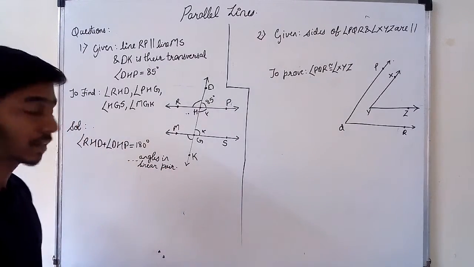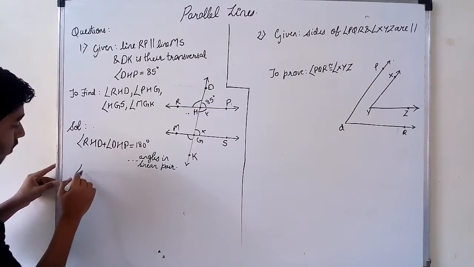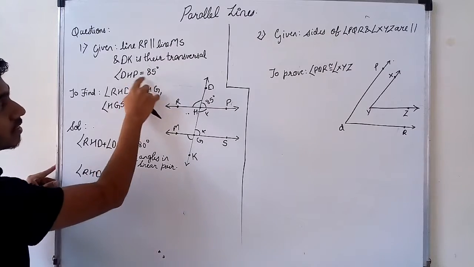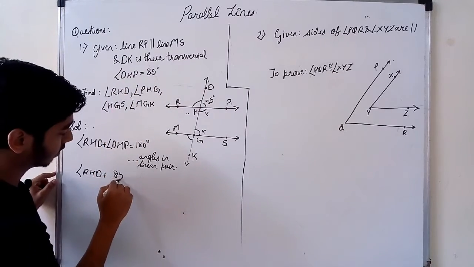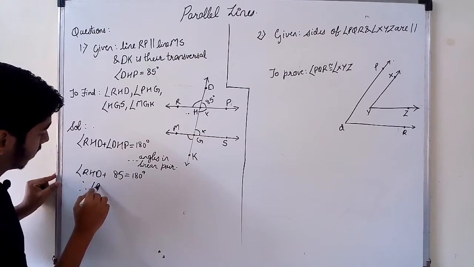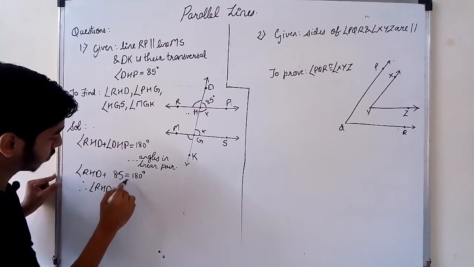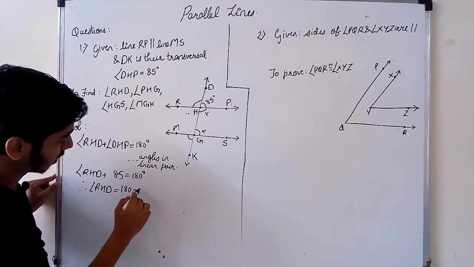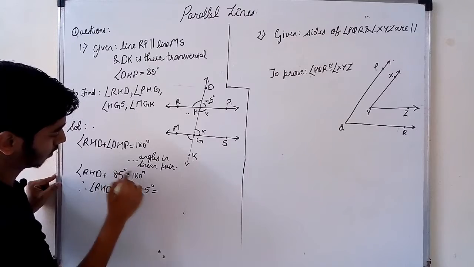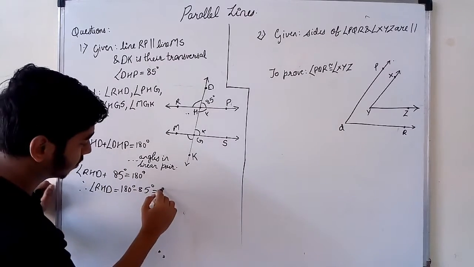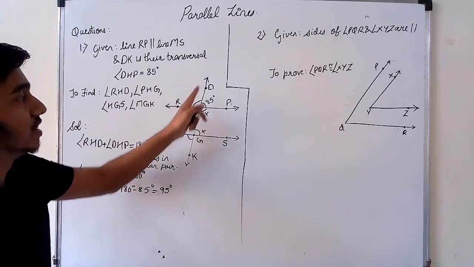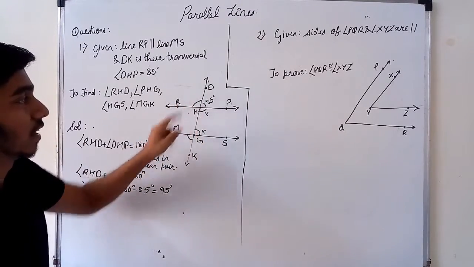Now angle RHD plus DHP is 85, so substitute that, equal to 180. Therefore angle RHD equals 180 minus 85 degree, equal to 95. So we get RHD as 95, correct?